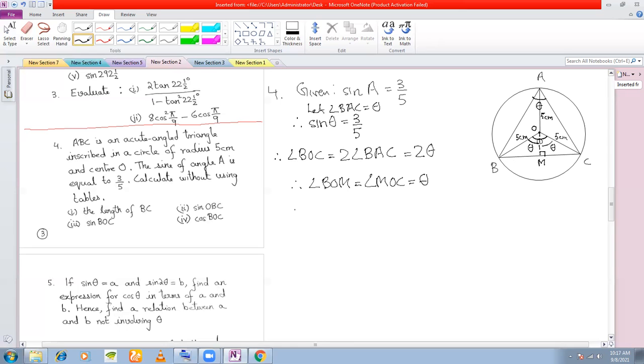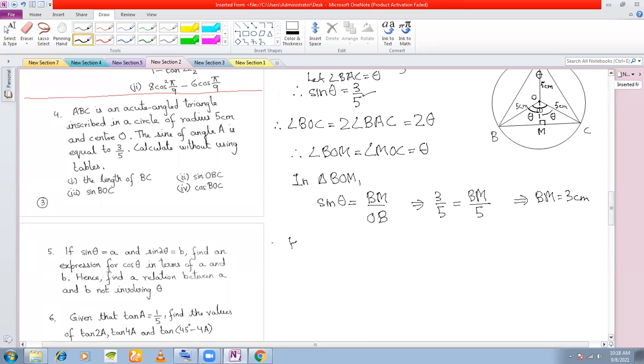So you can find out in triangle BOM, sine theta is equal to BM by OB. What is the value of sine theta that we have here? 3 by 5 is equal to BM by OB, which is given to be 5 centimeter. That means BM we can find out to be 3 centimeter.